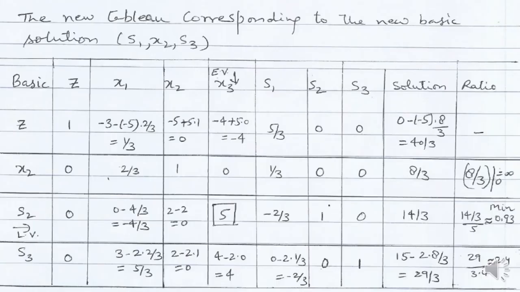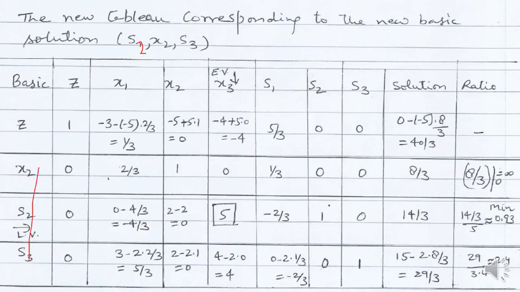So this is the new table which we have obtained after applying the formulas given in the previous slide. In each element I have written the calculation, and let's see how we have done that. Here our new basic solution is: S1 is gone, so the new basic solution is S2, X2, S3.